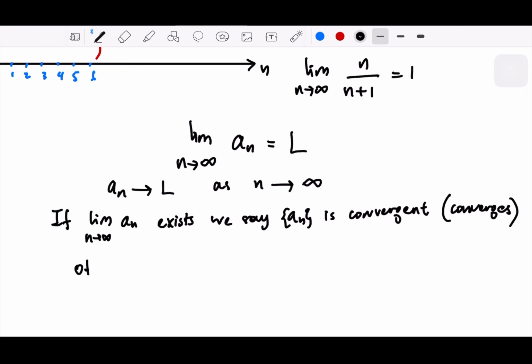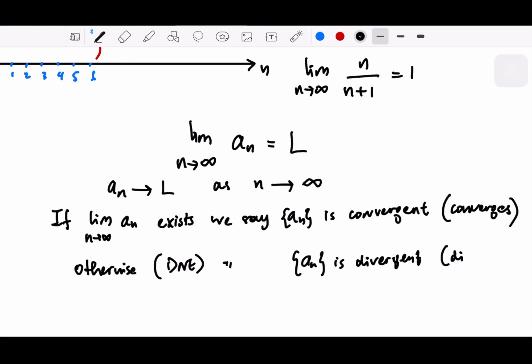Otherwise, if it doesn't exist, we say the sequence is divergent or diverges. So converge and diverge, as in the literal meaning: converge means it converges to or focuses into some value. Diverge means it spreads out. Okay.